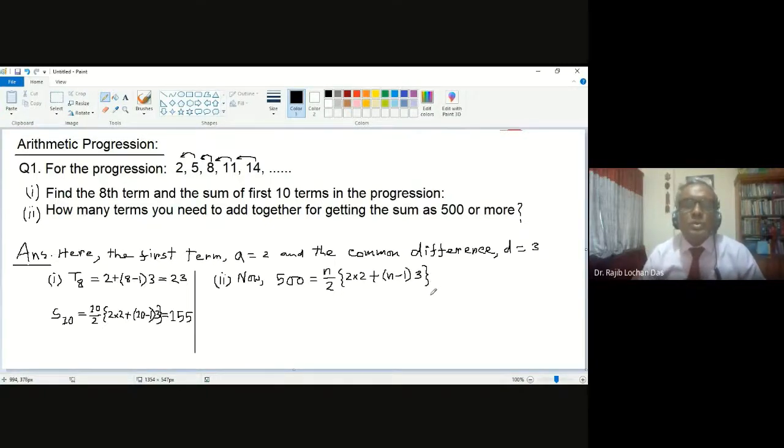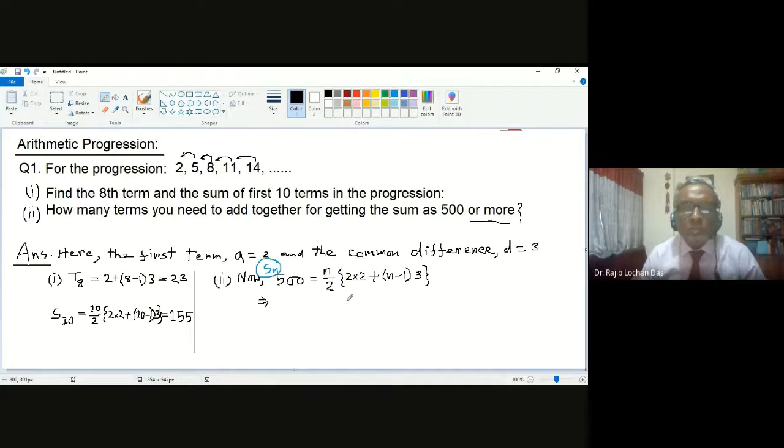So we are putting 500 as the Sn. Sn means summation of n numbers. How many numbers, we do not know. That is why we are putting the value Sn as 500.